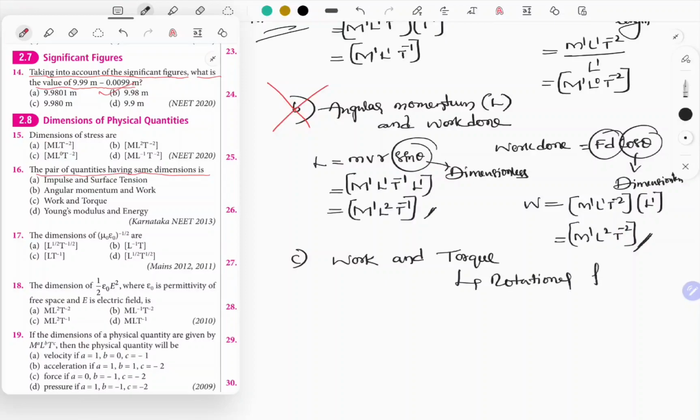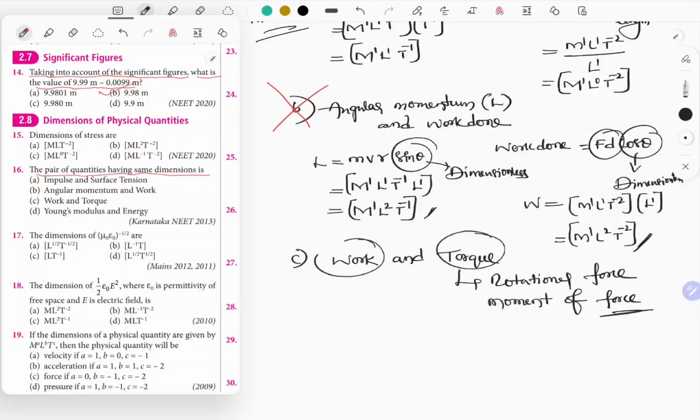It has another name, that is moment of force. The force which makes the object move in a circular motion, or to rotate, whatever force is responsible for rotation is called torque.